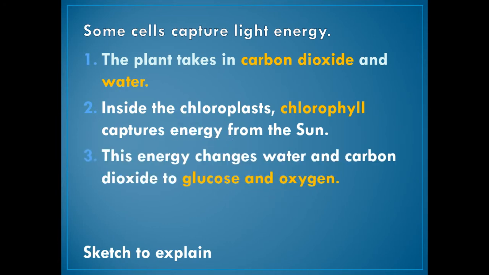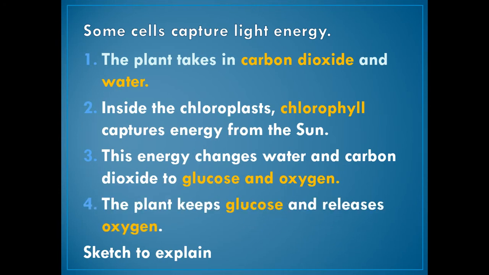And that light energy turns water and carbon dioxide into two different molecules, glucose and oxygen. The plant keeps the glucose and releases the oxygen into the atmosphere. The oxygen goes out of the cells of the plant leaves and into the air for the rest of living organisms to breathe.